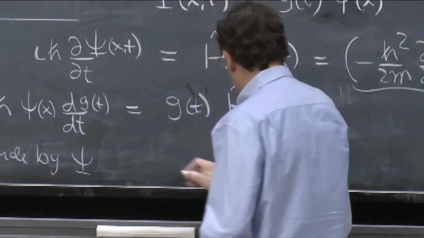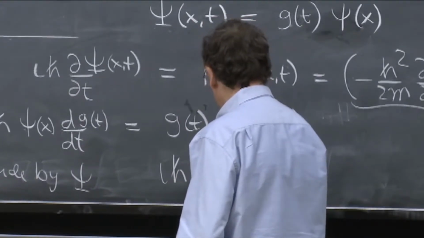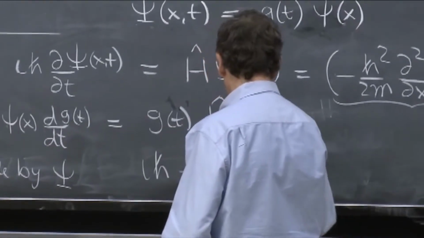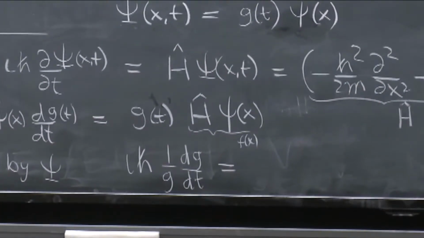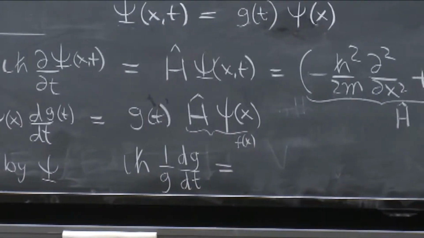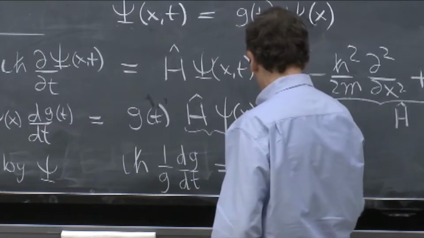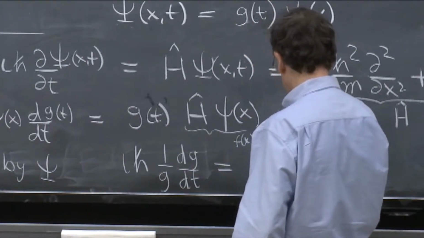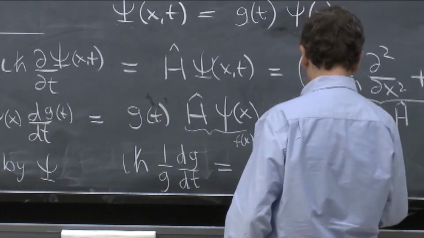So you get i h bar 1 over g dg/dt is equal to, on the right-hand side, you cancel the g and you get 1 over psi of x, H hat psi of x.